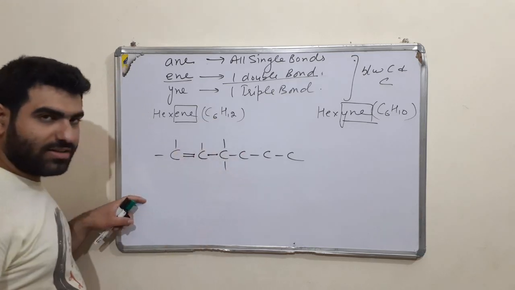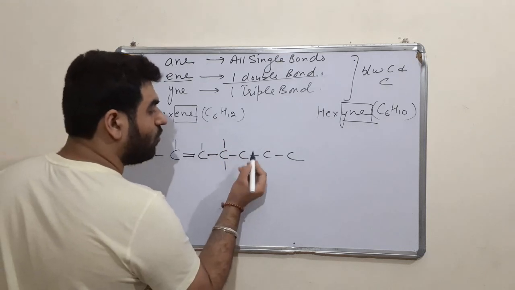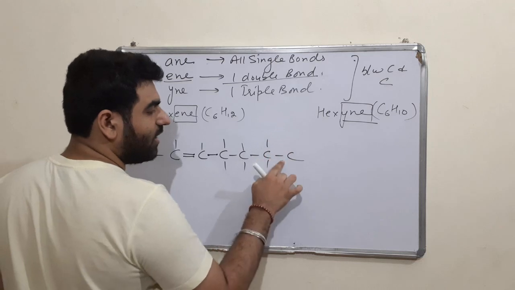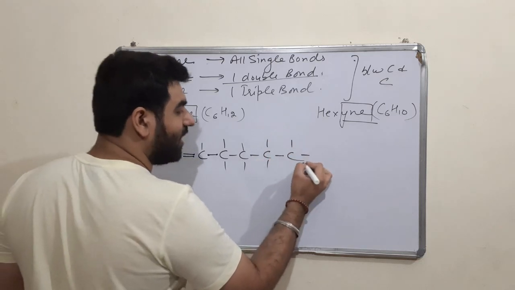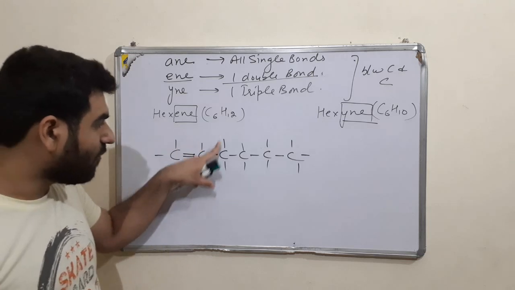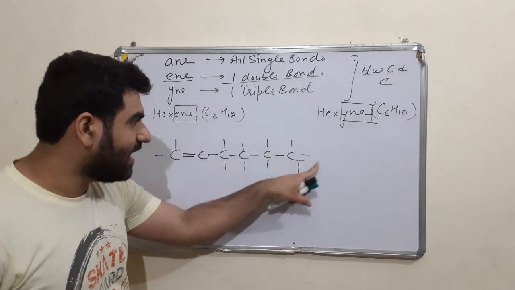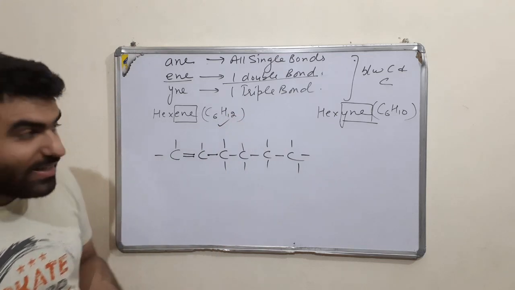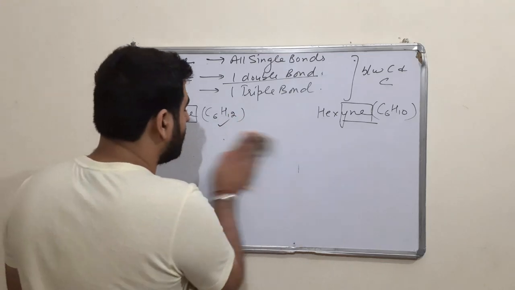So this will take part in bond formation. So here also 1, 2, 3, 4. Here also 1, 2, 3. So let us count. 1, 2, 3, 4, 5, 6, 7, 8, 9, 10, 11, 12. C6H12.